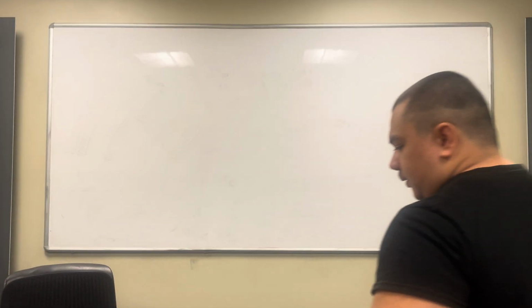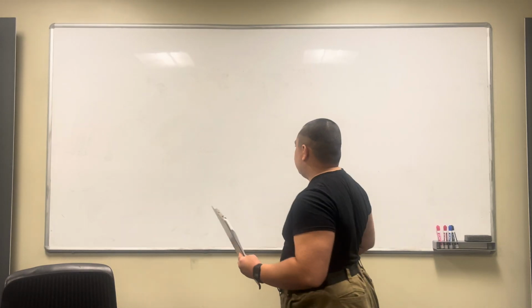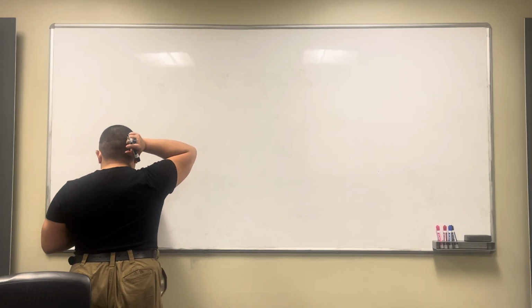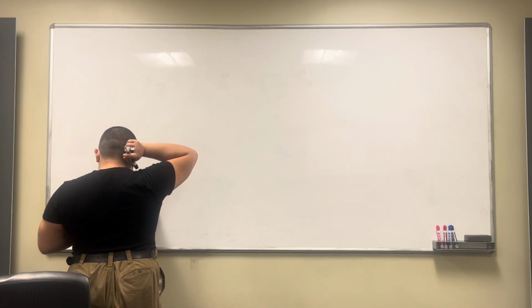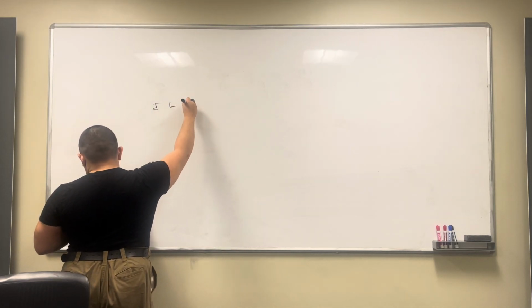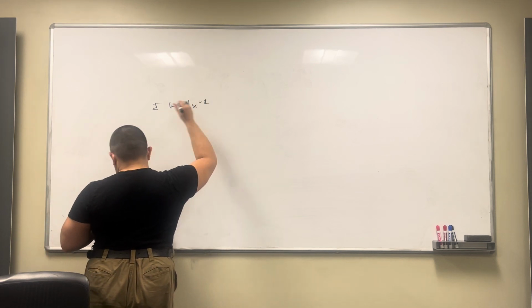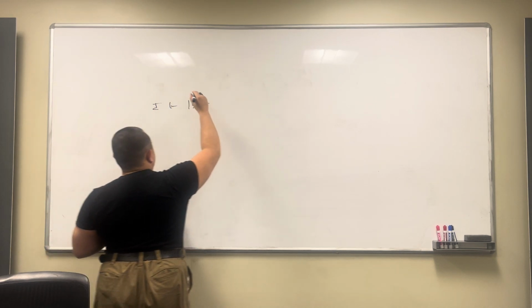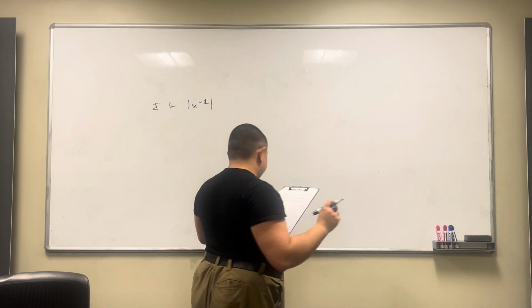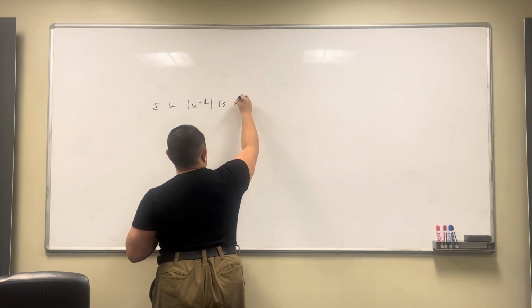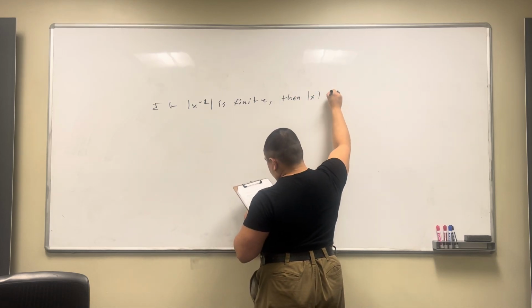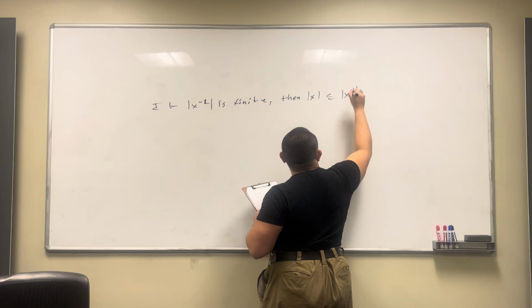Right. Now, going on to the next part, we want to look at this case. If the order of the inverse of x is finite, then the order of x is less than or equal to the order of its inverse.